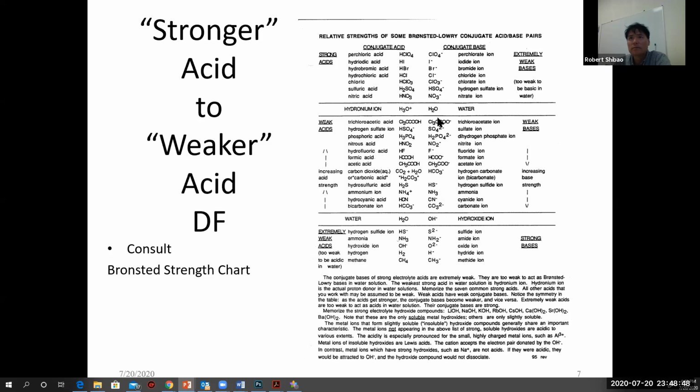There are some tricks to using this chart. There's something called the leveling effect. We have to watch out for the leveling effect for strong acids. Let me just tell you what the leveling effect is, and then we'll try to explain it later, but watch out for the leveling effect.